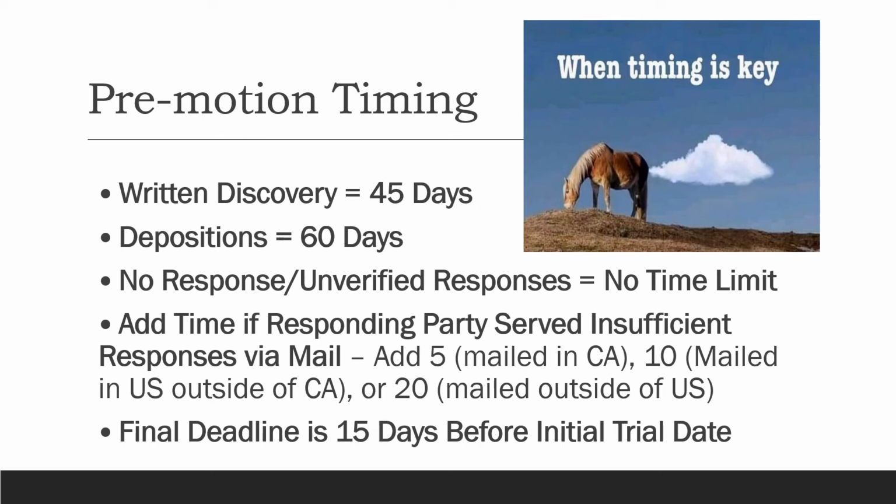Motions to compel deponents to answer may be filed within 60 days of the completion of the deposition transcript. No time limit for no responses or unverified responses. If there is an unverified response or no response at all, there is no time limit to move to compel. You can do so at any time.